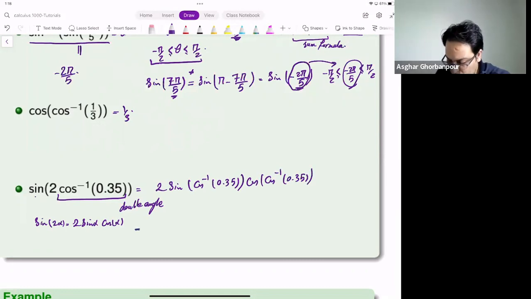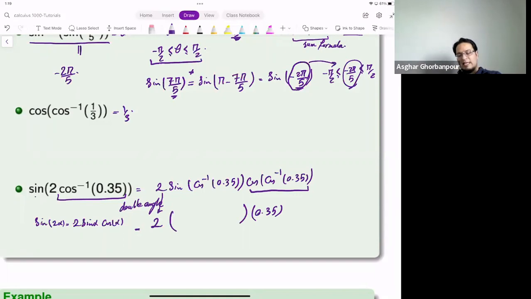Well, we already did an example like this. Cosine of cosine inverse of a number between 0 and 1 is going to be that number. And there is a 2 up there. So now I have to find sine of cosine inverse of 0.35.